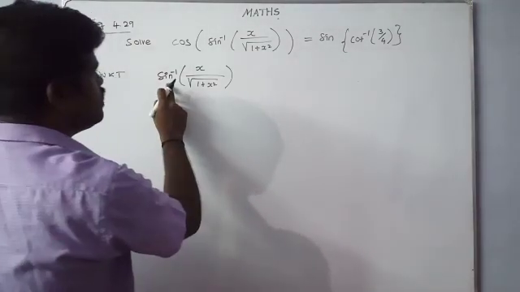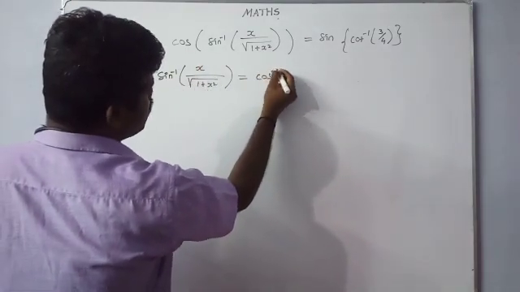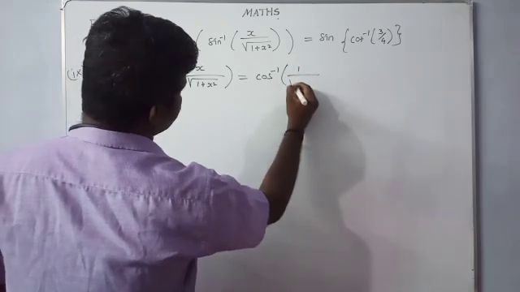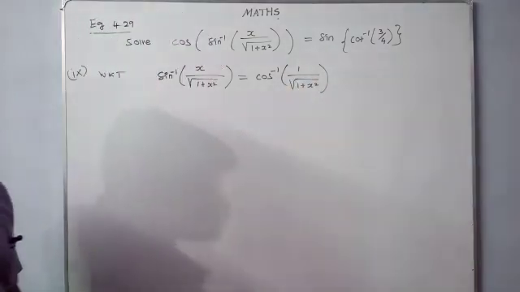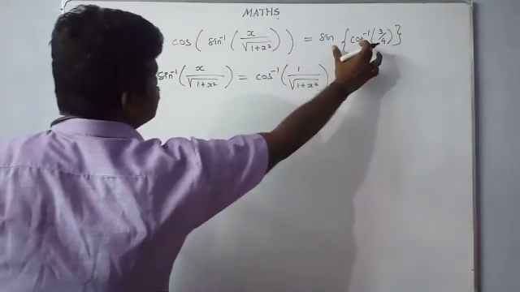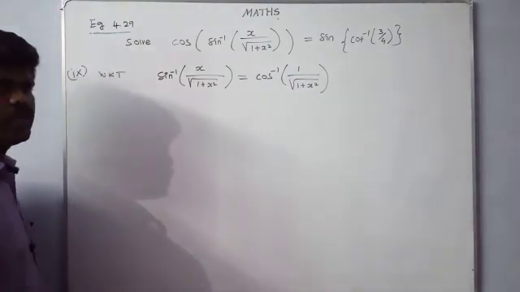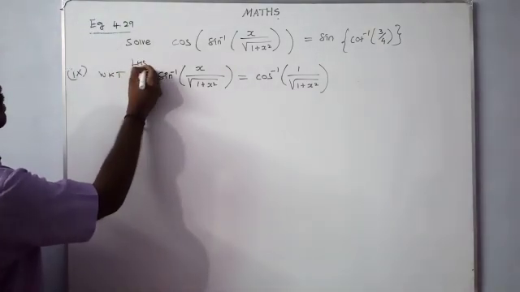We know that sin inverse of x by root of 1 plus x square is equal to cos inverse of 1 by root of 1 plus x square. This is a direct formula. You can memorize the formula. This is a property also. This is the LHS side, we have to simplify.